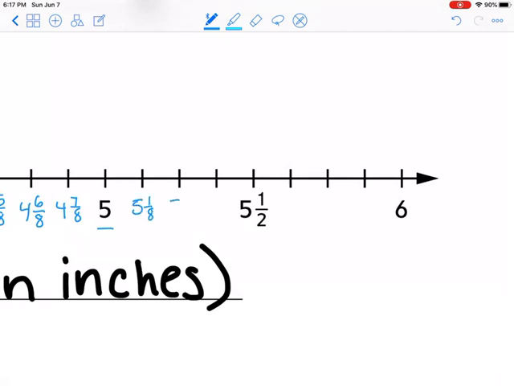This would be 5 1/8, 5 2/8, 5 3/8, 5 5/8, 5 6/8, and then 5 7/8.